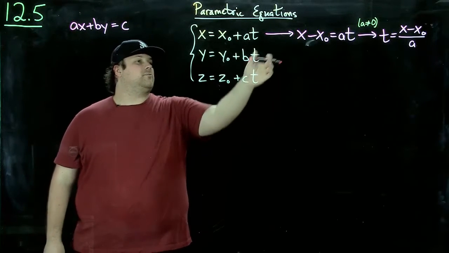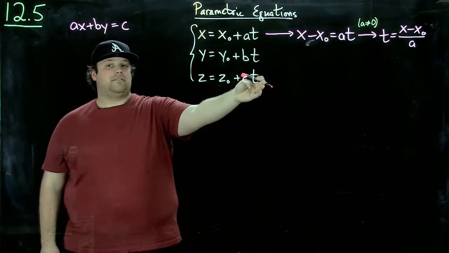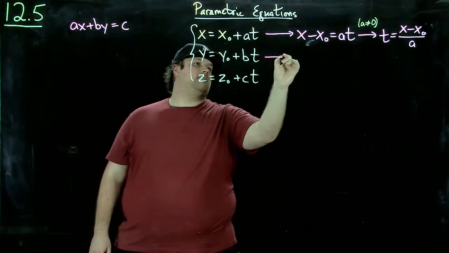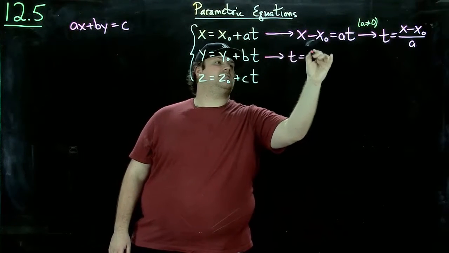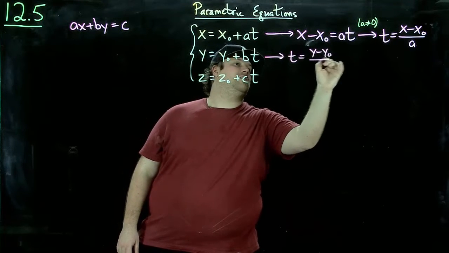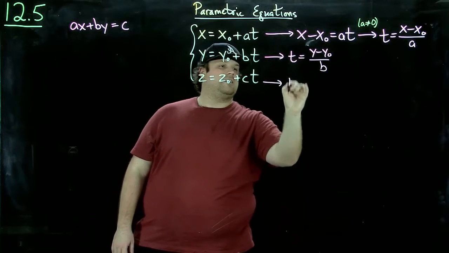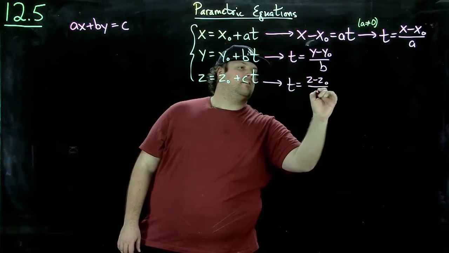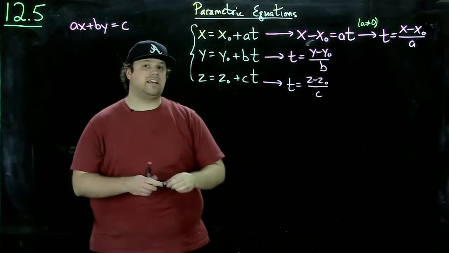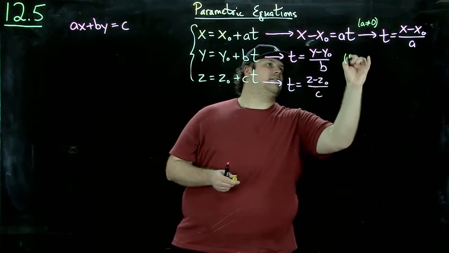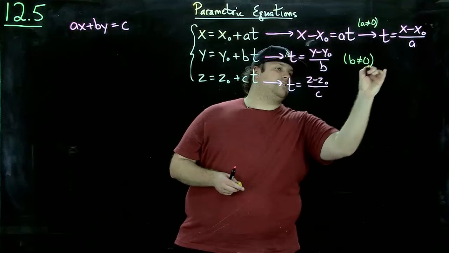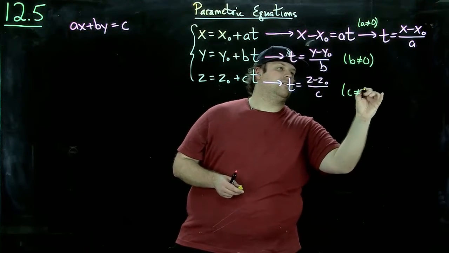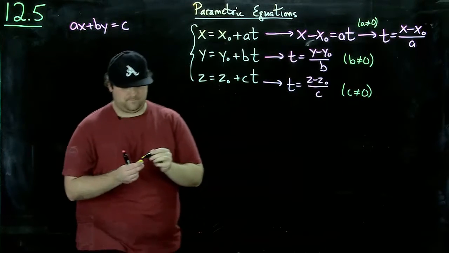We do the same thing to either of these as well, and that gives us t is y minus y naught over b, and t is z minus z naught over c. And these likewise come with the warning that b had better not be 0, and c had better not be 0.